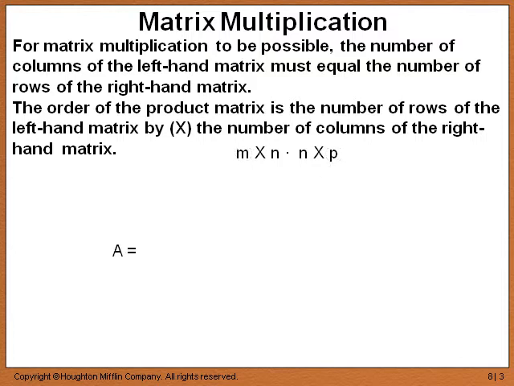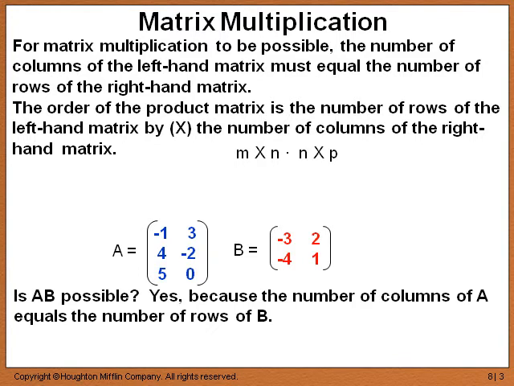Okay, let's continue now with a specific example. Let's use our matrix A from the last screen. It was negative 1, 3, 4, negative 2, 5, 0. And our matrix B from the last screen also, which was negative 3, 2, negative 4, 1. And let's try to analyze this definition, especially the two sentences at the top of the screen, and see them in action. All right, so is AB possible?